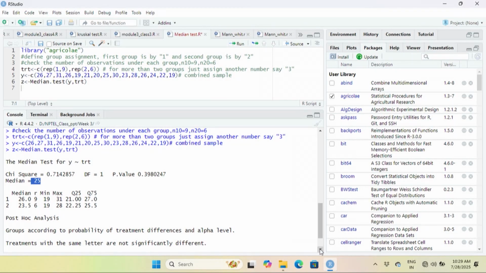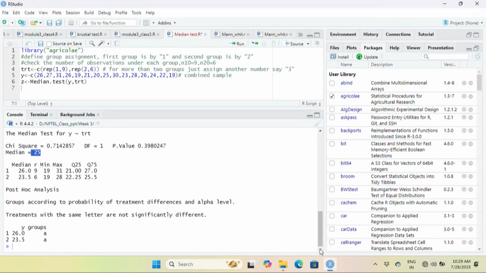The most interesting part, which I would like to draw your attention to, is the post hoc analysis. What does it mean by post hoc analysis? Post hoc analysis identifies which specific group pair is different. In our case, in this particular problem, there are only 2 groups.